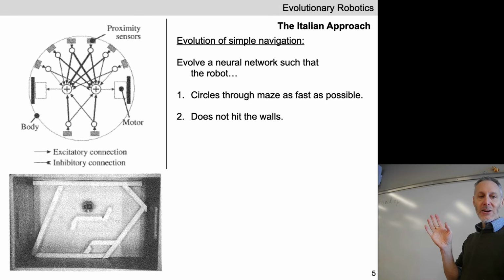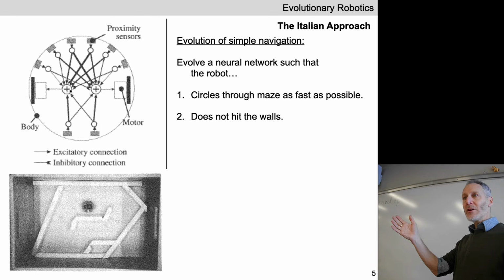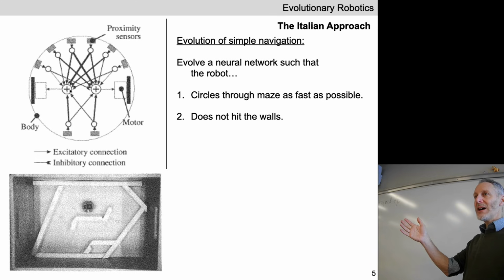The investigators set some of the parameters, like which synapses are excitatory and which are inhibitory, but they left the other parts of the design task or the optimization task to the evolutionary algorithm, which in this case is to set the magnitudes of the synaptic weights. And they've dreamed up something for their robot to do on top of this desk, which is to circle around and around the maze as fast as possible without hitting the walls.